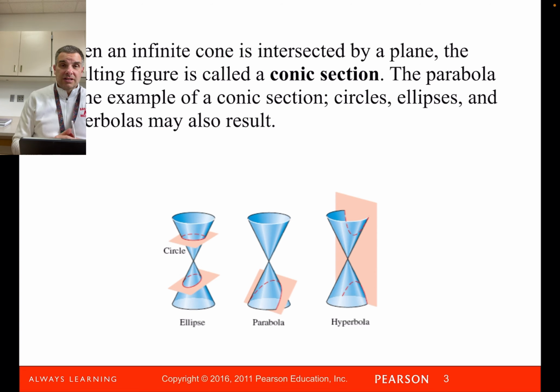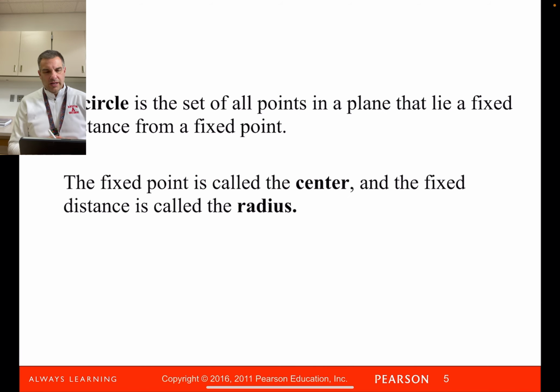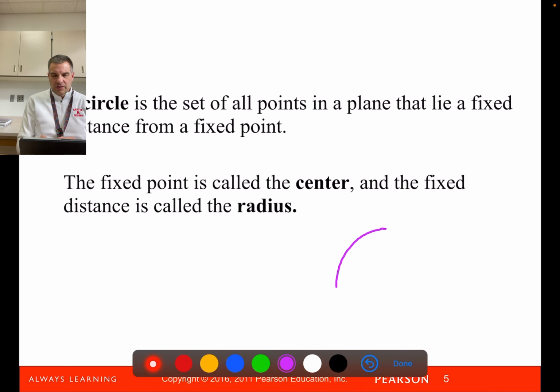So we're going to start out with a standard equation of a circle, and a circle is always going to be in this form, and we're going to try to write those. A circle, by definition, is a set of all points in a plane that lie a fixed distance from a center.